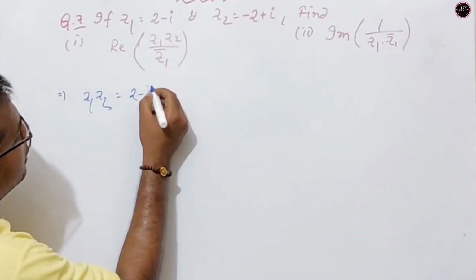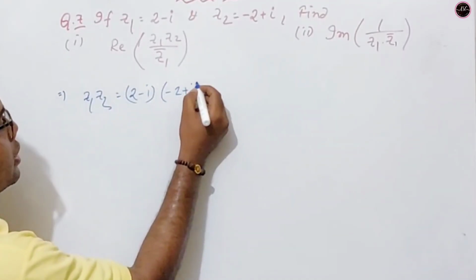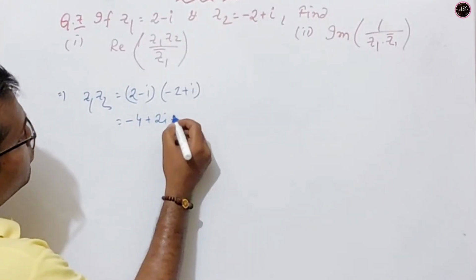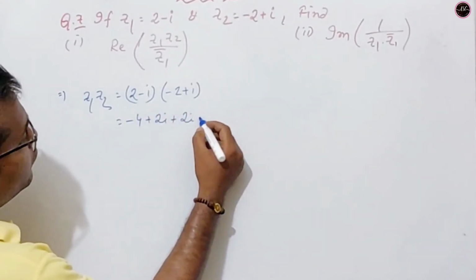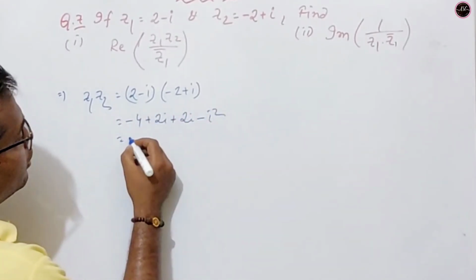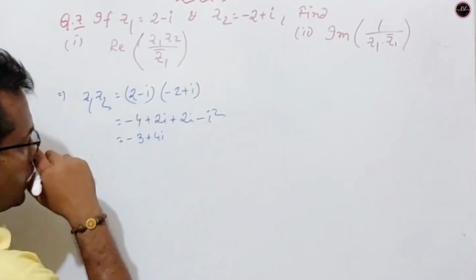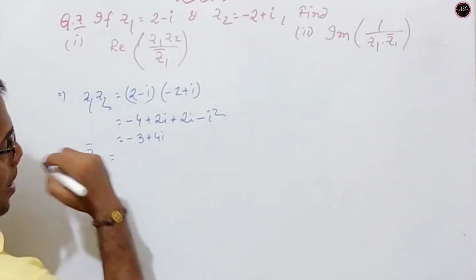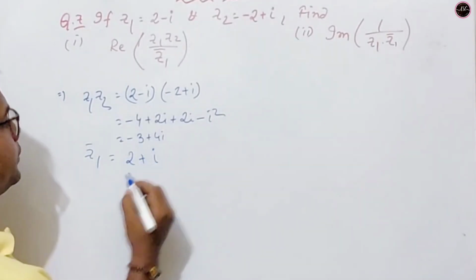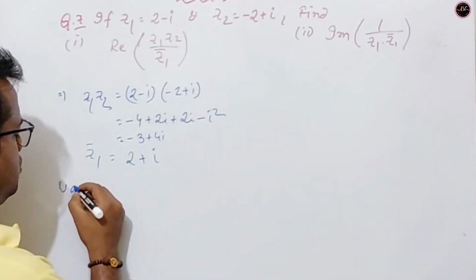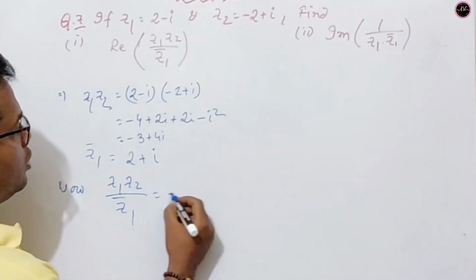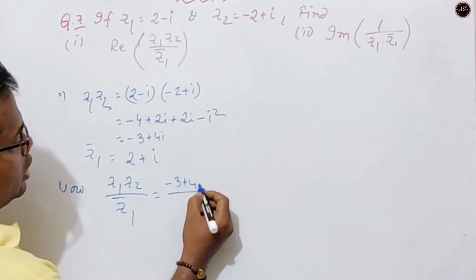That means 2 minus I into minus 2 plus I. Just multiply this, we get minus 4 plus 2I plus 2I minus of I square. That means minus 3 plus 4I. Okay. And Z1 bar equal to 2 plus I.